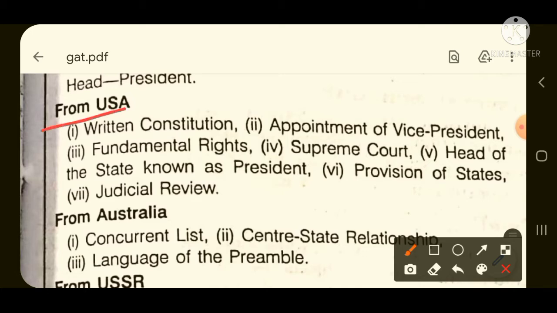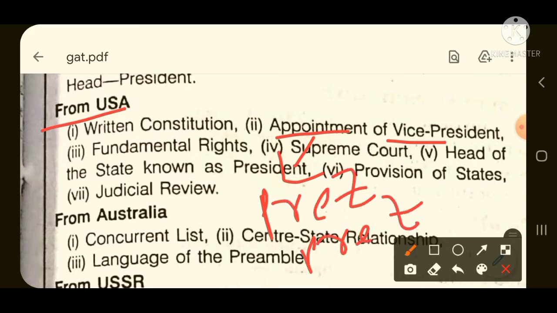So from USA we have borrowed appointment of Vice President of India. Like in our country we have got president as well as vice president also. But if you see, England does not have a vice president, they have only president. So the post of vice president we have borrowed from United States of America.